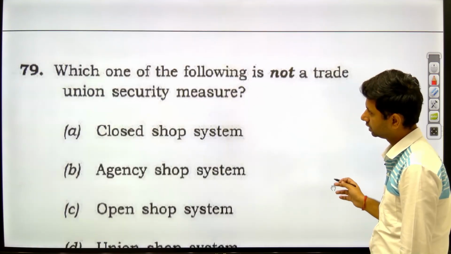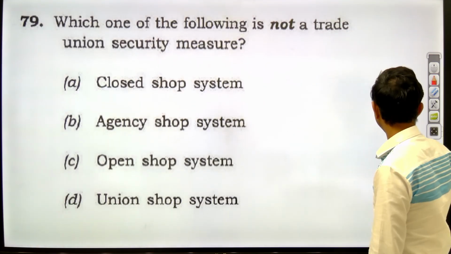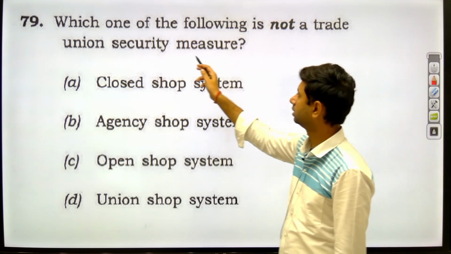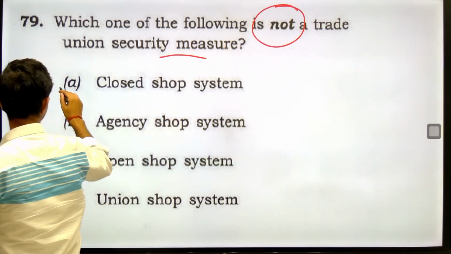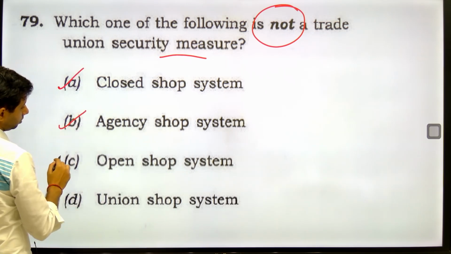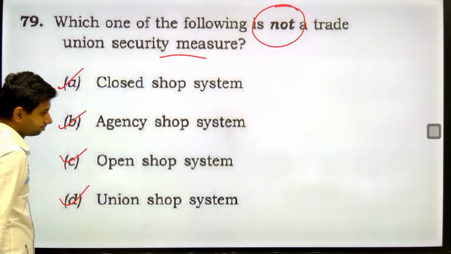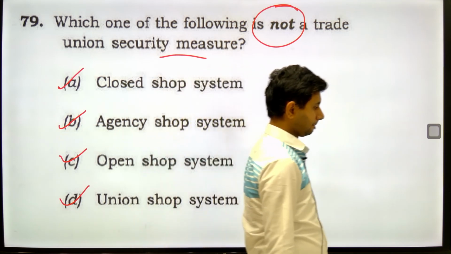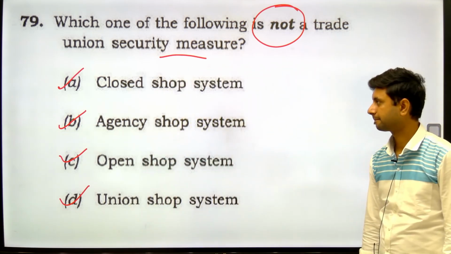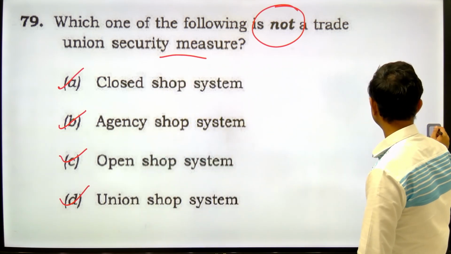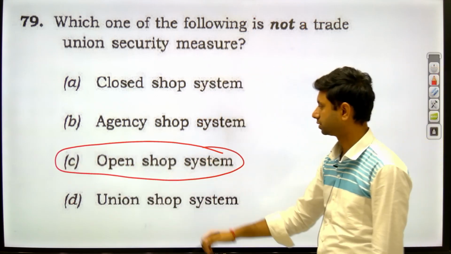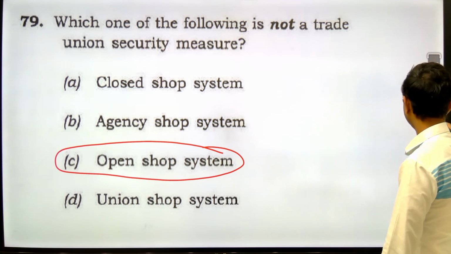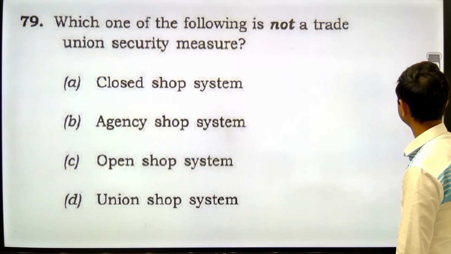Let's go to the next thing, which is: which is not a trade union security measure. The options are closed shop, agency shop, open shop, union shop. The answer is the open shop system. Let's see what we mean by these things.